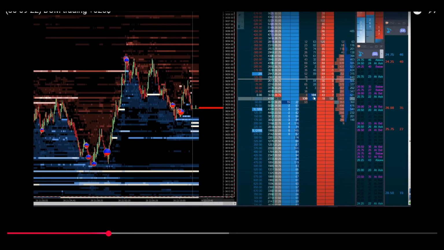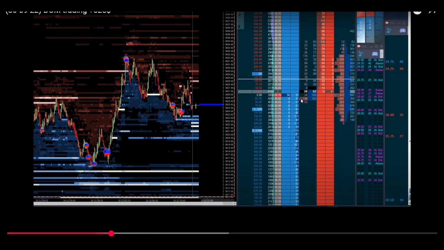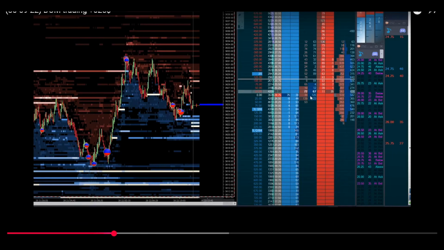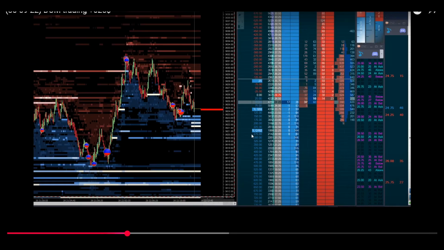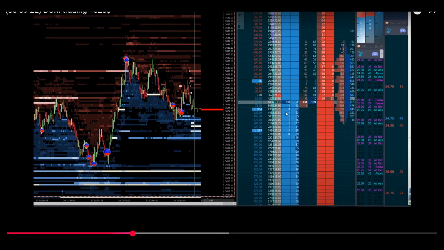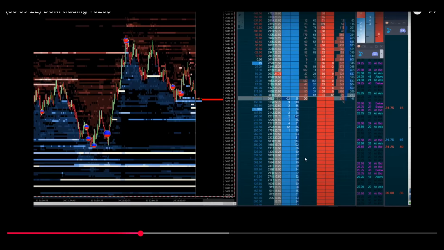He saw some absorption on the offer near 75 here. So he's basically just leaning against 24.75. Stalling out a little, but he was patient with it.